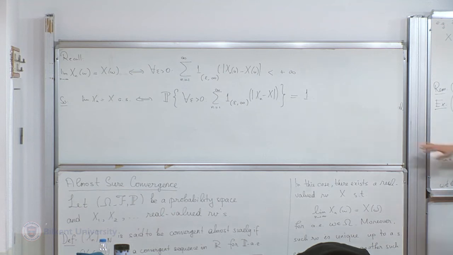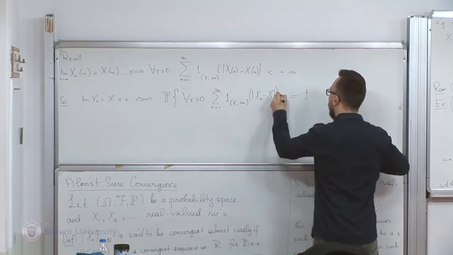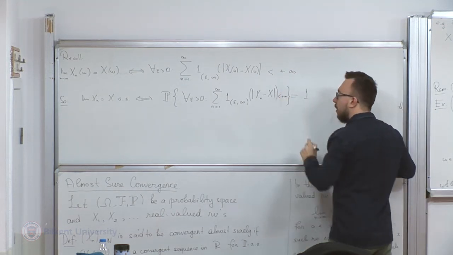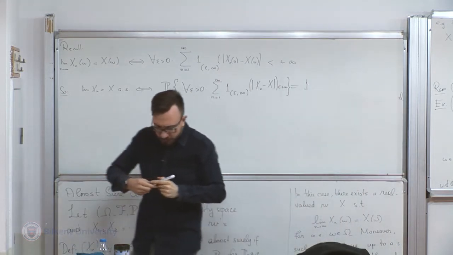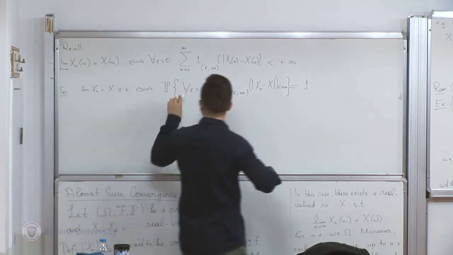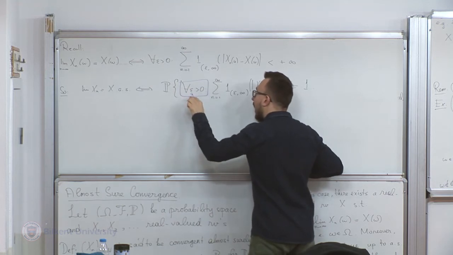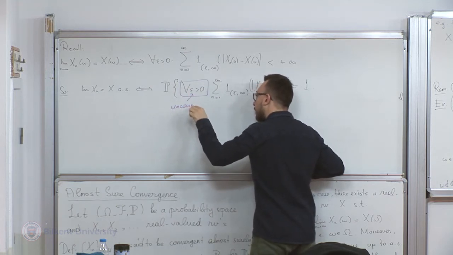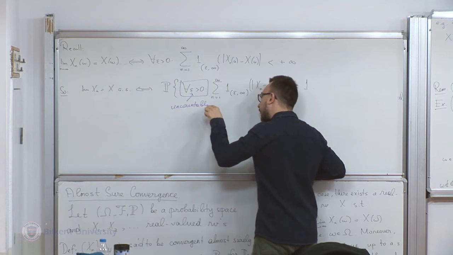I forgot the plus infinity. So the question is, I have uncountably many epsilons here.